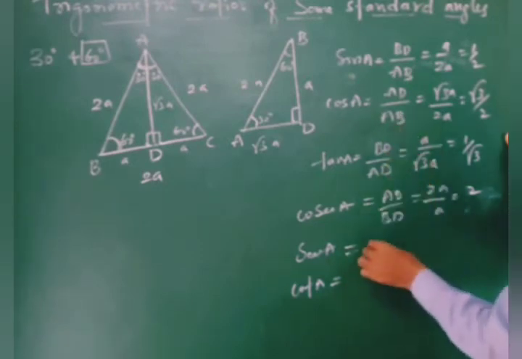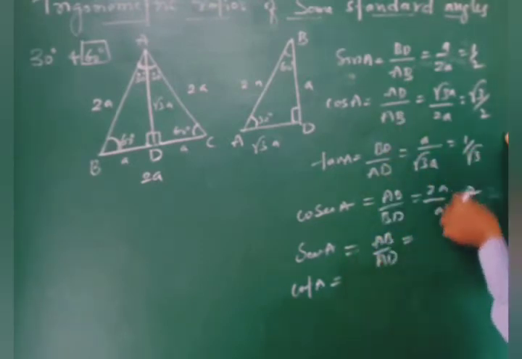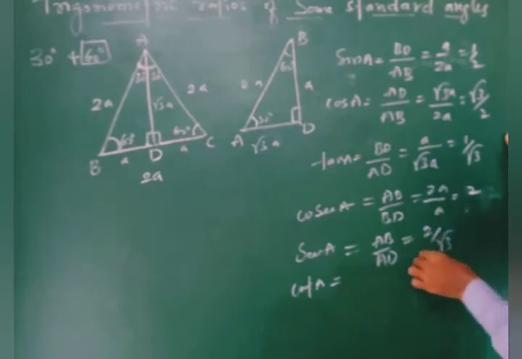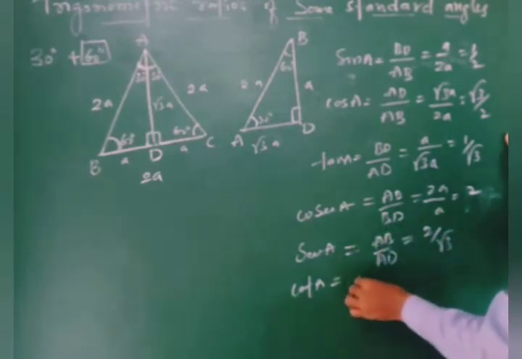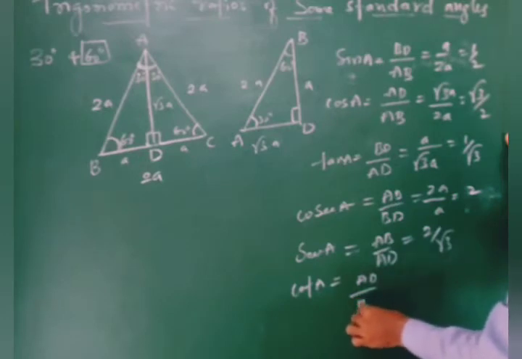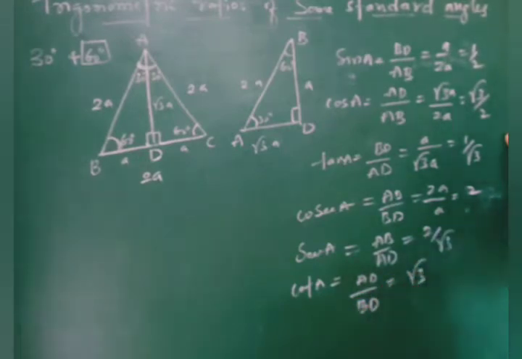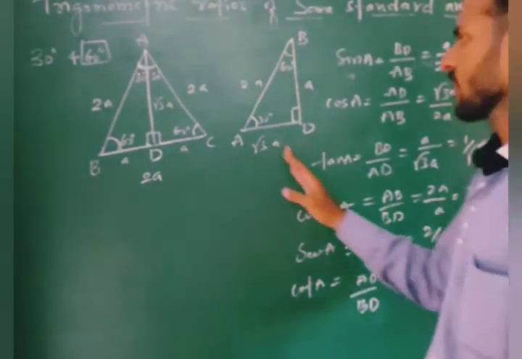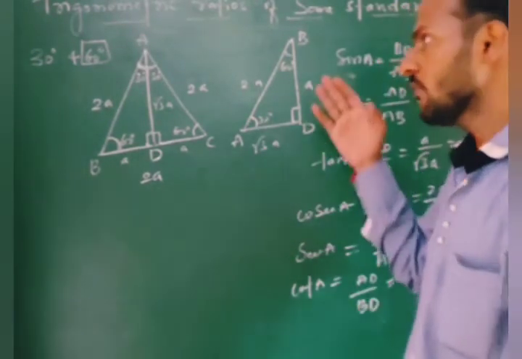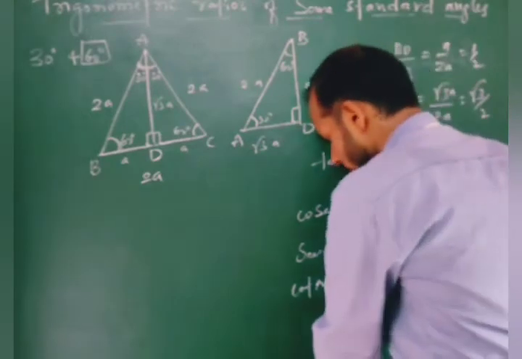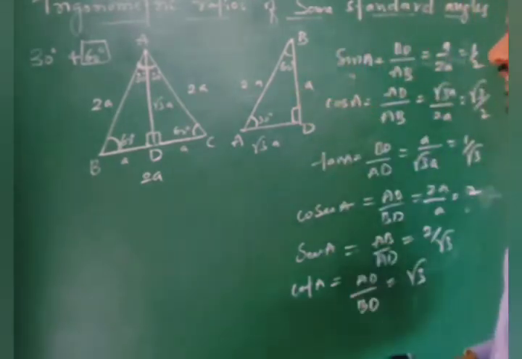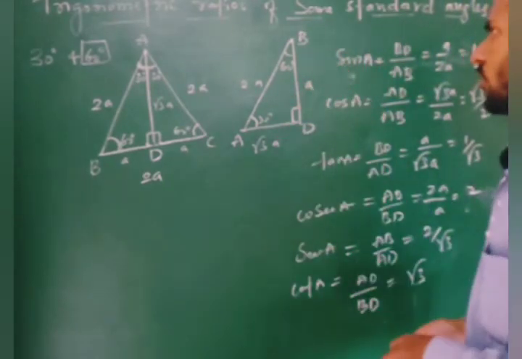Next, sec A is AB by AD, which is equals to 2 by root 3, and cot A is nothing but AD by BD, which is equals to root 3 only. This is nothing but angle 30 degree. If we want to find angle 60 degree, what are the ratios of angle 60 degree?